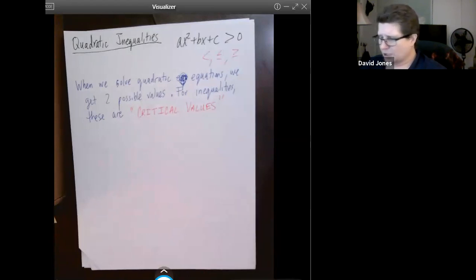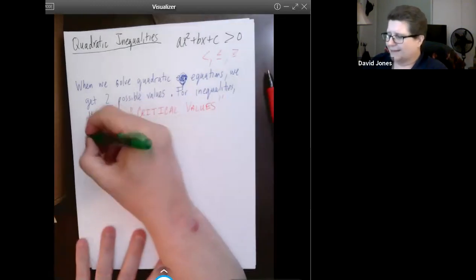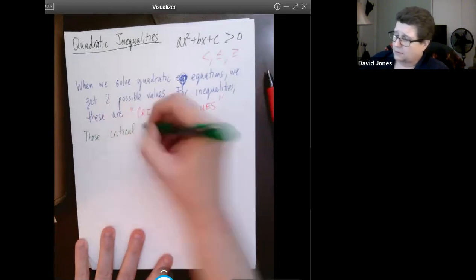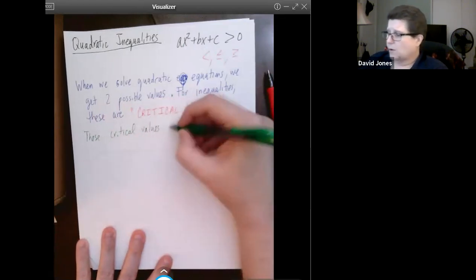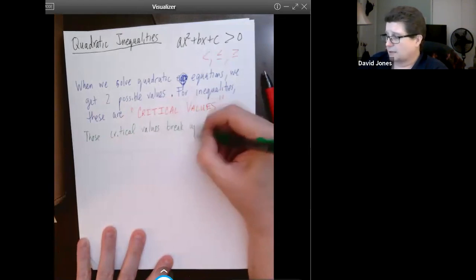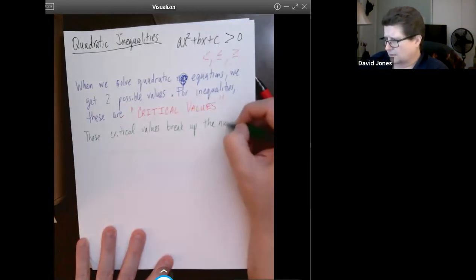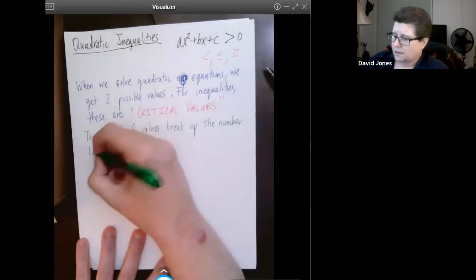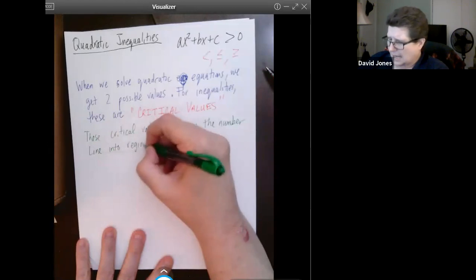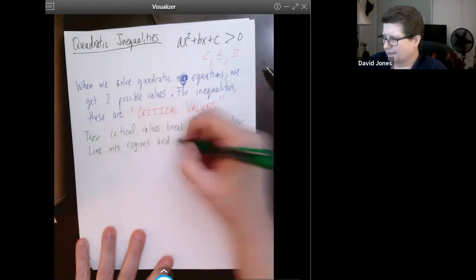In a quadratic equation, when we get it down to an answer, these critical values break up a number line into regions. And we must test every region.